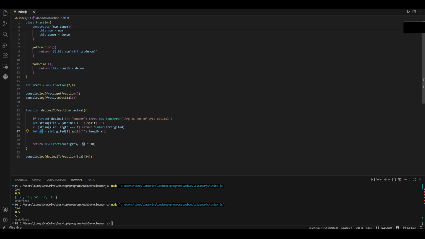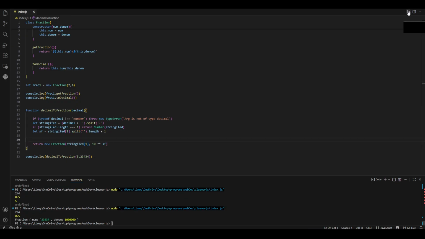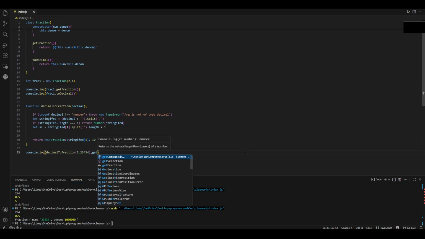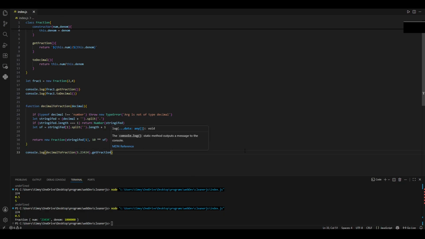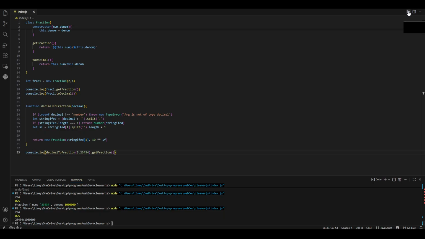So do 10 to raise it to this SF power, and then all we got to do is get it, should find out 1, and boom, there it is. Fraction, and there it is.